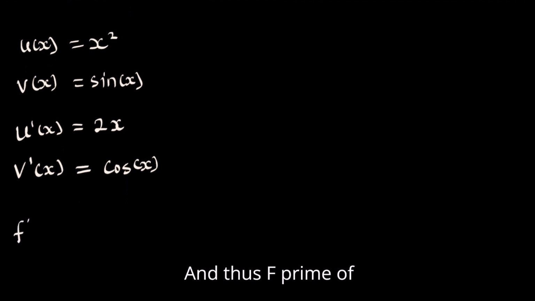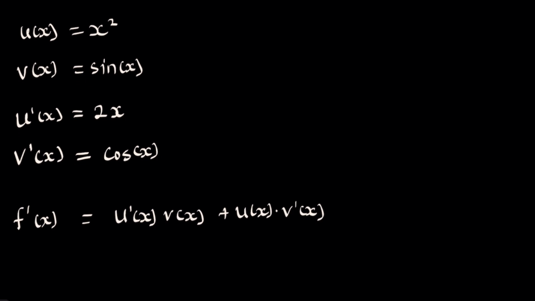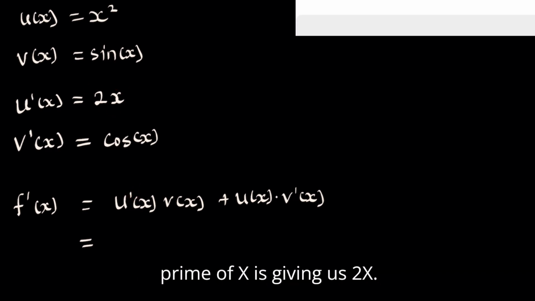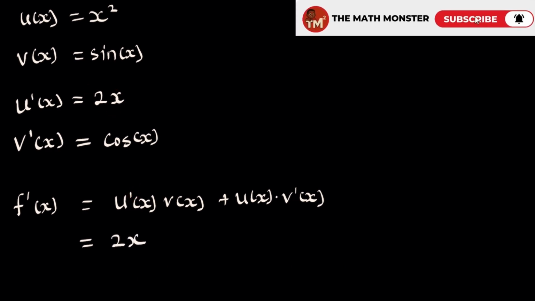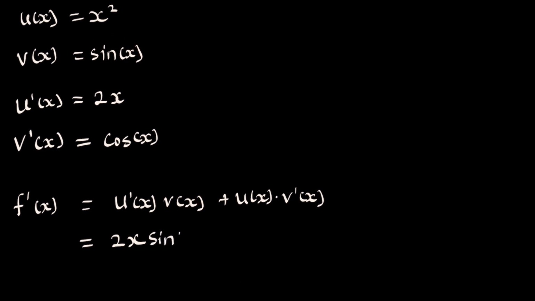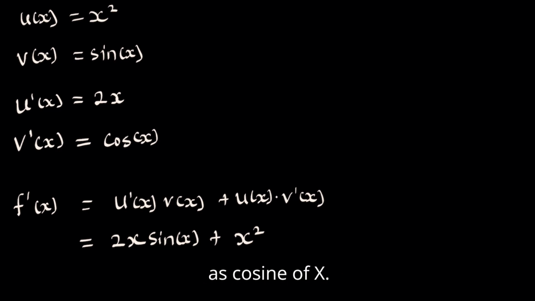And thus f prime of x will be giving us u prime of x times v of x plus u of x times v prime of x. And so we are going to have u prime of x giving us 2x, and v of x giving us sine of x, plus u of x, which is giving us x squared, times v prime of x, which is giving us cosine of x.